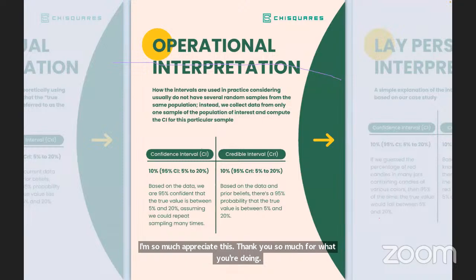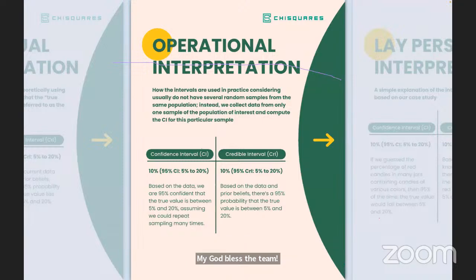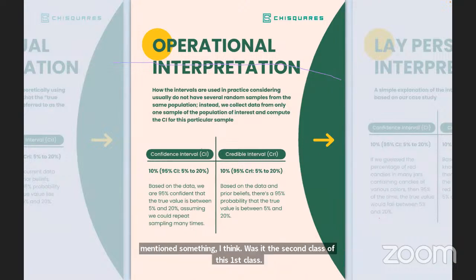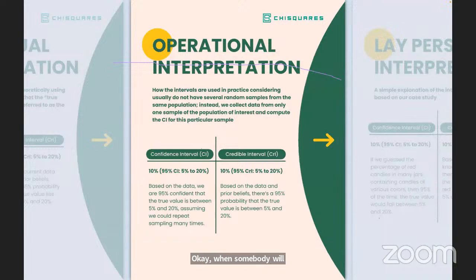Okay, so there's something I would like to ask you. You mentioned something, I think in the second class or the first class, when somebody was talking about using different variables when doing model selection, like a regression model, where I have different covariates, and when I remove one covariate, my R square was better.